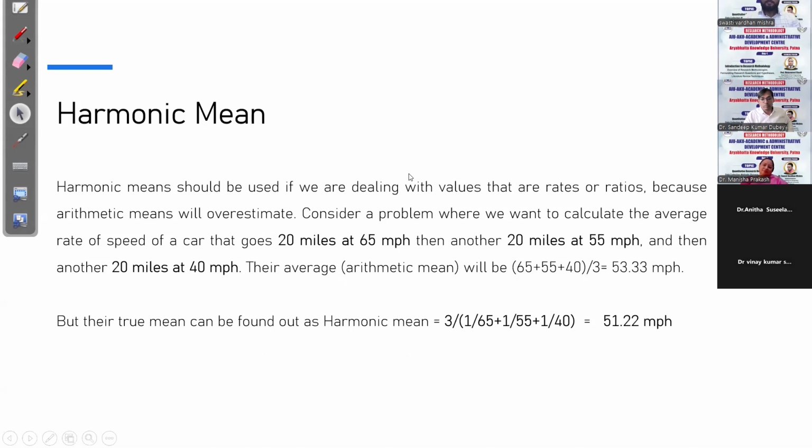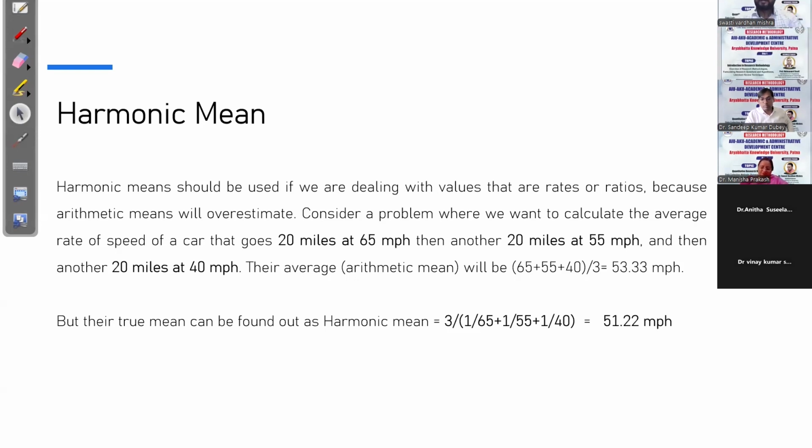A particular car goes 20 miles at 65 miles per hour, then another 20 miles at 55, and the last 20 miles at 40 miles per hour. So what was the average speed of the car? If you add them, 65 plus 55 plus 40, it will give you the arithmetic mean of 53.33 miles per hour.